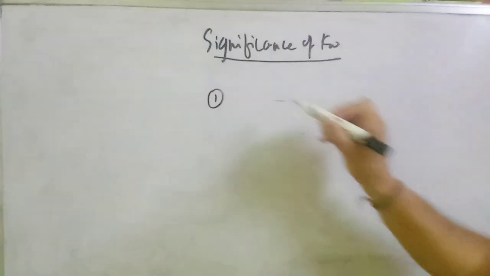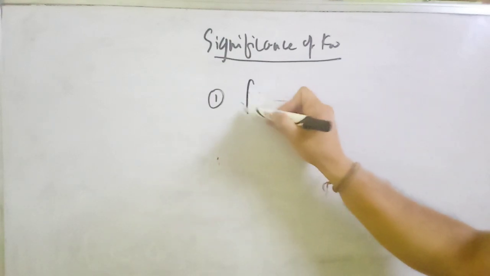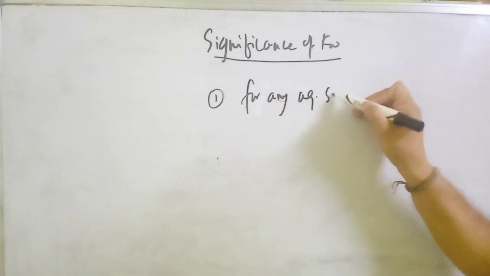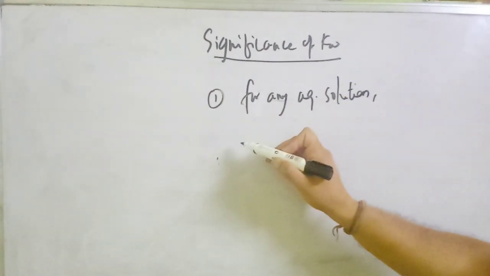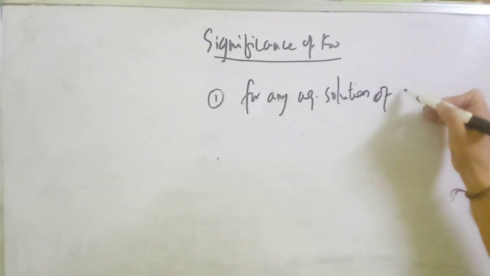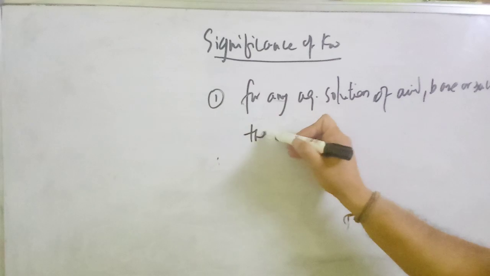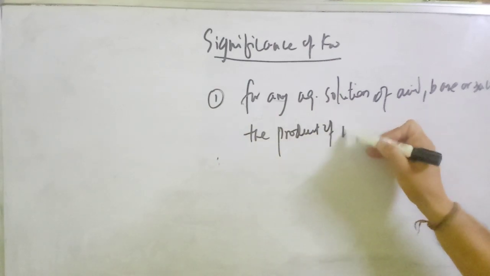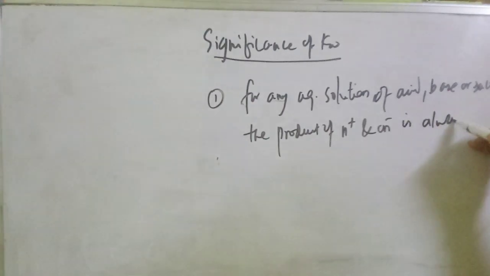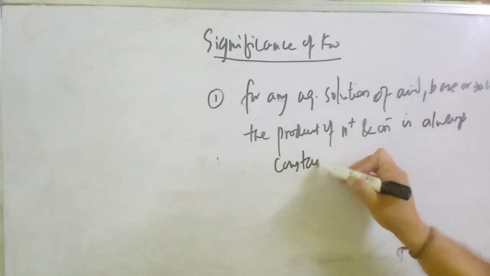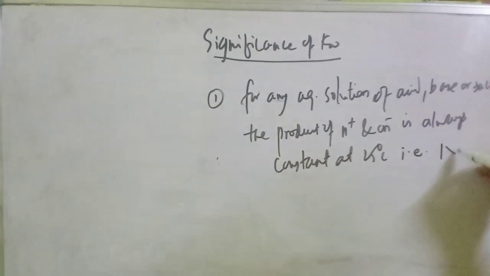First significance: for any aqueous solution of acid, base, or salt, the product of H plus and hydroxide is always constant at 25 degrees centigrade. That is equal to 1 into 10 to the power minus 14.